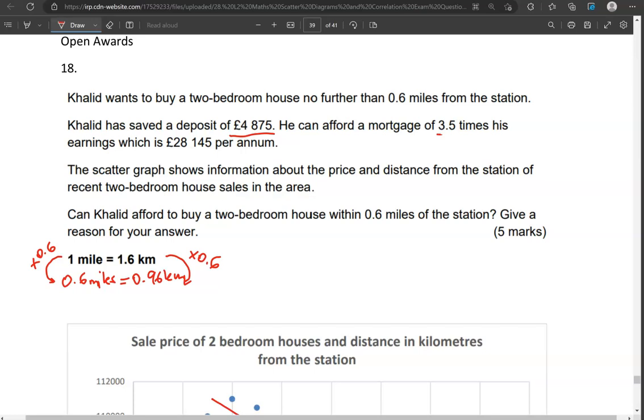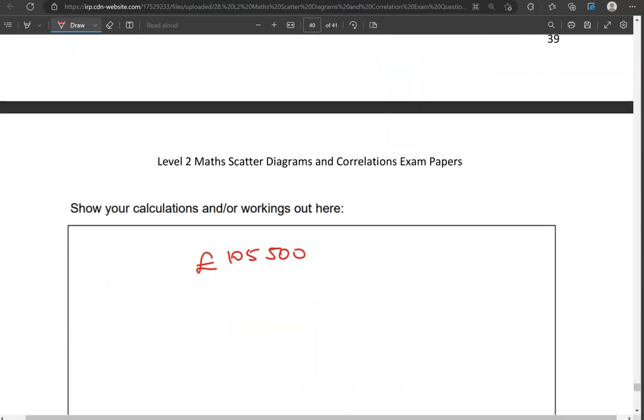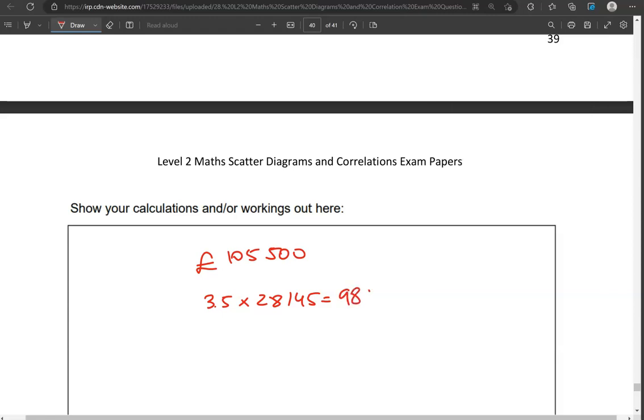So we'll do 3.5 times 28,145. That is 98,507.5.